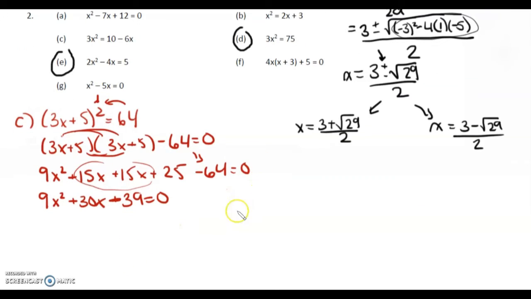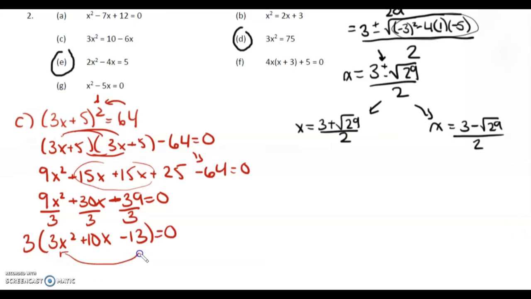What two numbers multiply to 39, or negative 39? You know what I'm going to do? I'm going to common factor out a 3 first, just to get these numbers a little smaller. So we're dealing with 3x squared plus 10x minus 13.